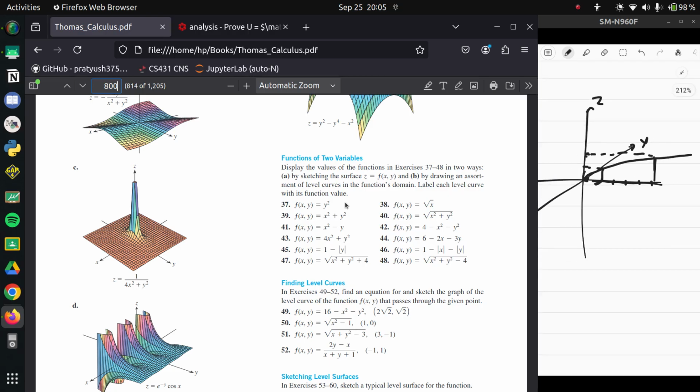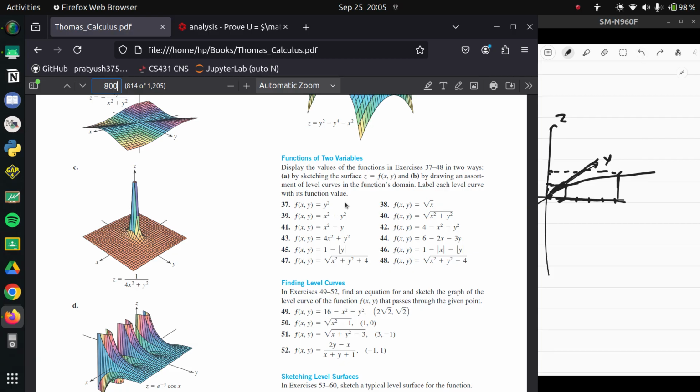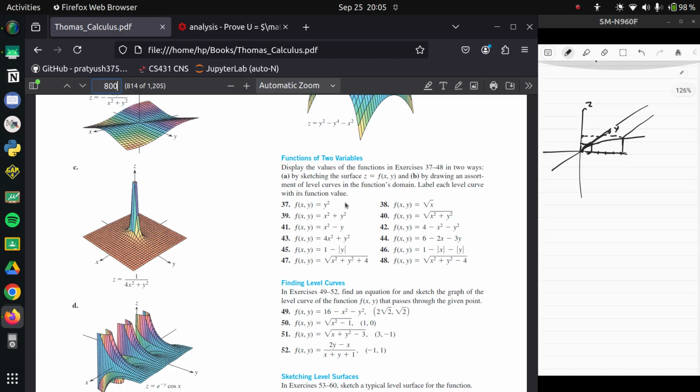Your curve would look something like this. This is 1, this is the other level curve, right? So y can be anything, but your x is fixed now. Then you would go like that, and this would be like 9. Wherever you hit that, that's another level curve. Then, shading that, you would get your actual thing.